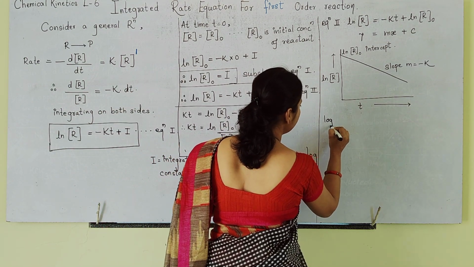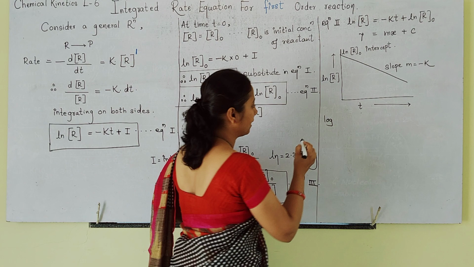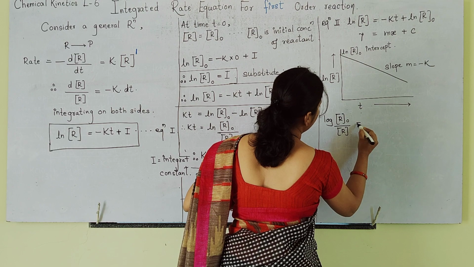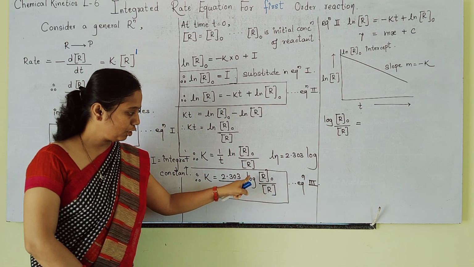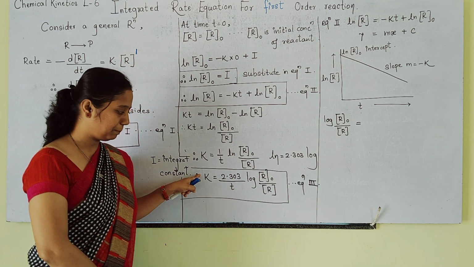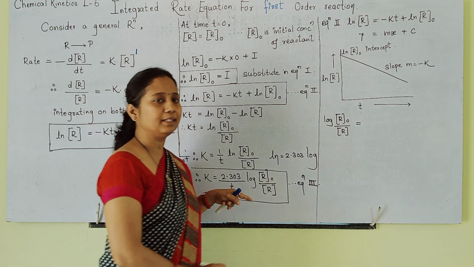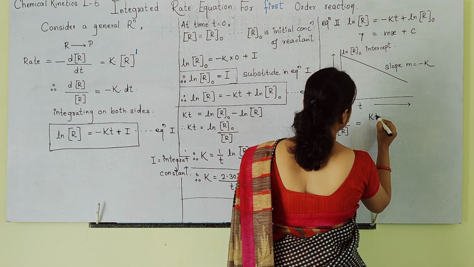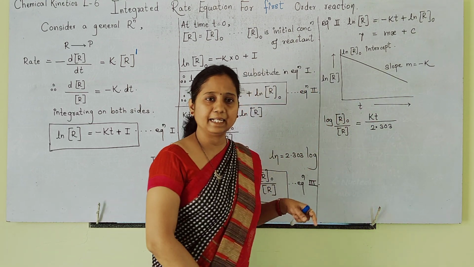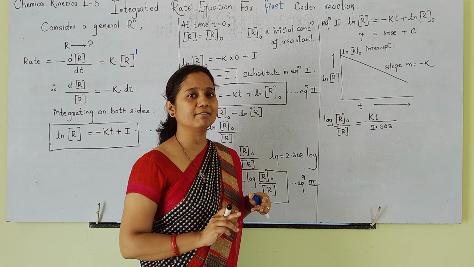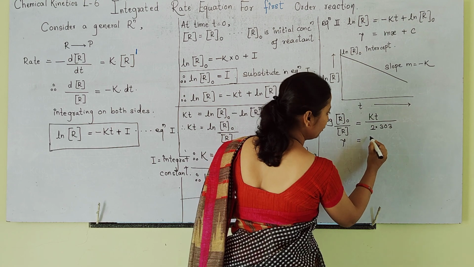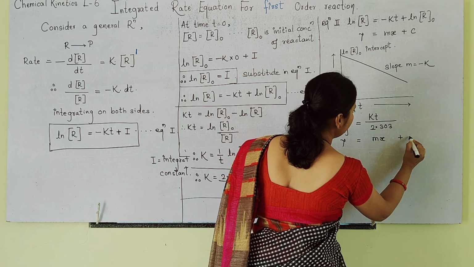I am writing log of r naught by r is equal to, t is for division, it will go for multiplication here, kt divided by 2.303. Compare with y is equal to mx plus c.